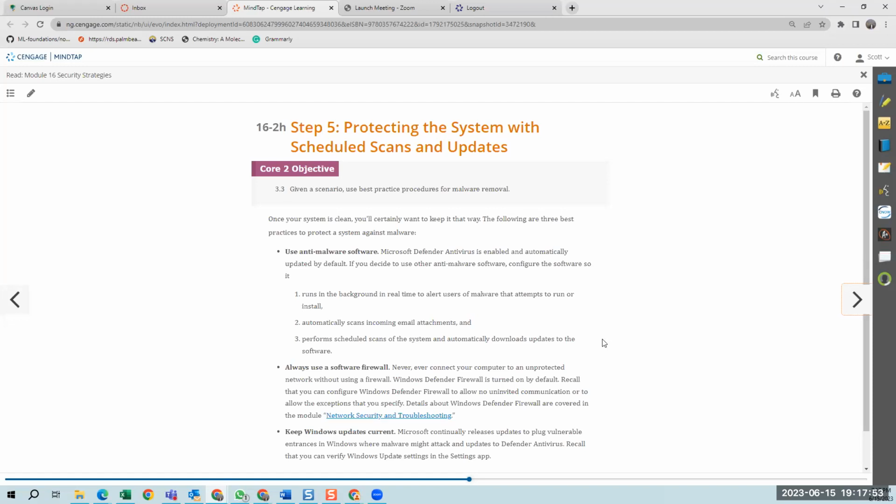So schedule the updates so that the antivirus and the malware signatures are updated. Create restore points, create disk images on a regular basis so that you have something to recover to if you get totally taken down.